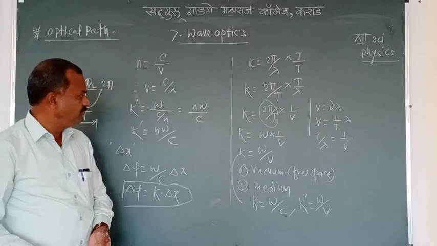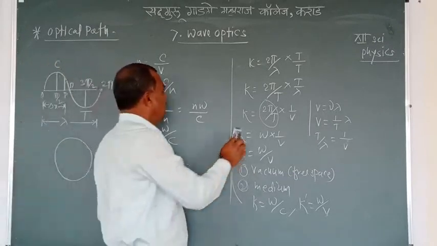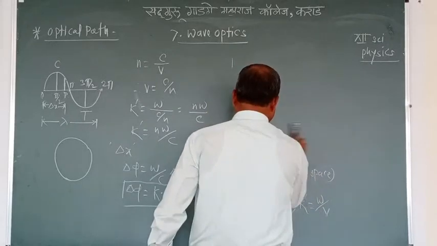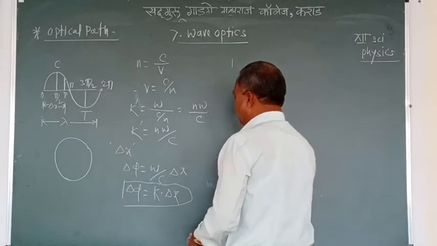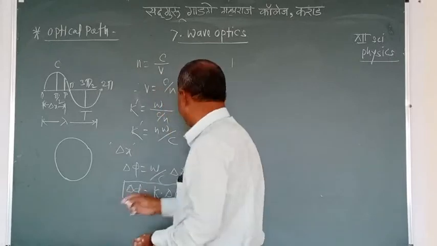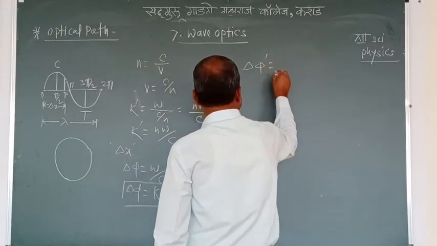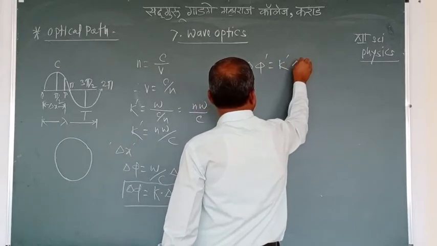But when this wave travels through a medium, the phase difference of that wave in the medium can be calculated as delta phi dash equal to K dash into delta x.